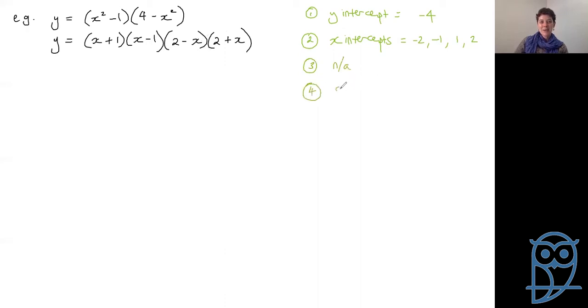So our last one is our general shape. So x times minus x times x times x would give us minus x to the 4. So in sad face territory, but with 3 stationary points. And if we look, we've got 4 x-intercepts, 1, 2, 3, 4 times we're going to cross.